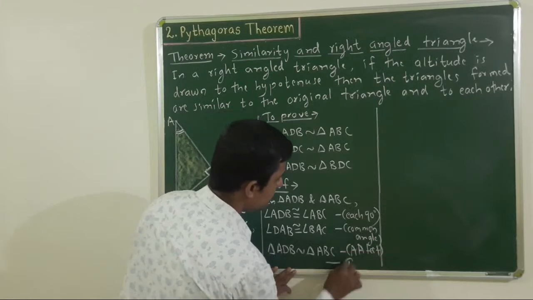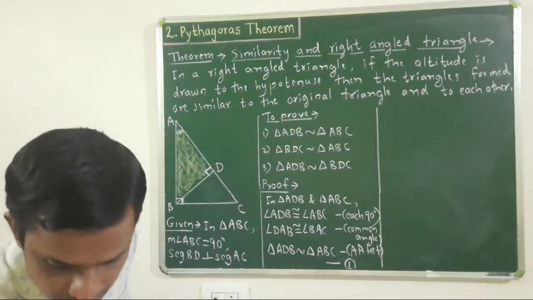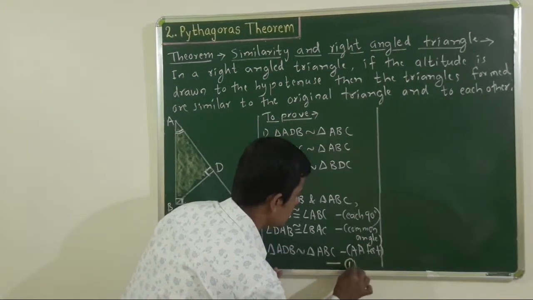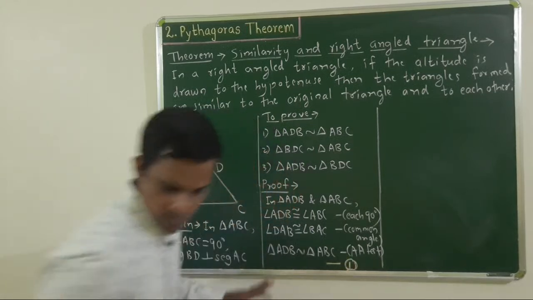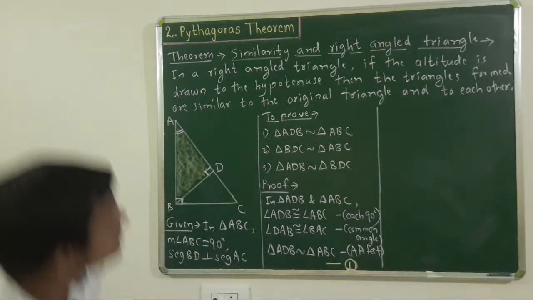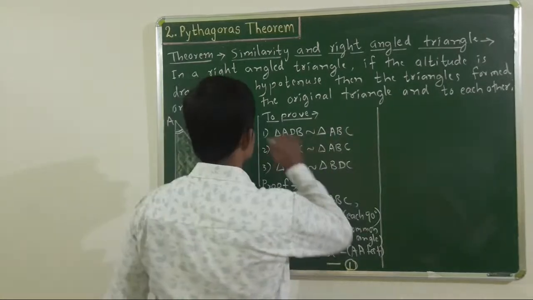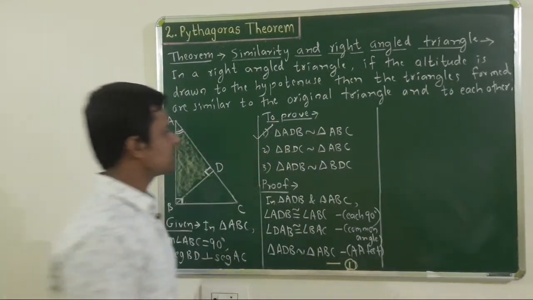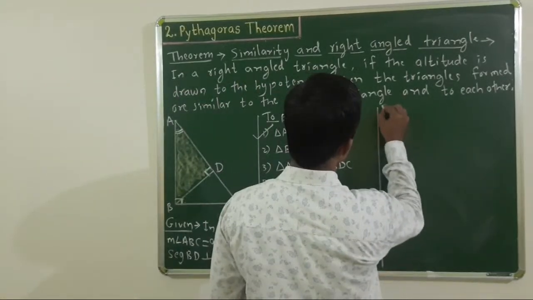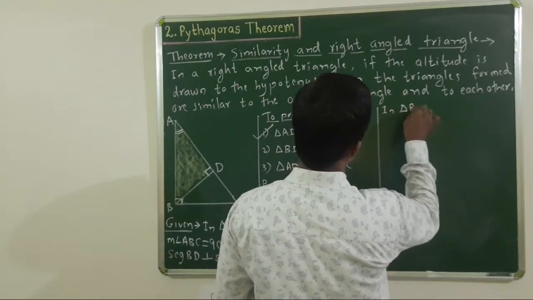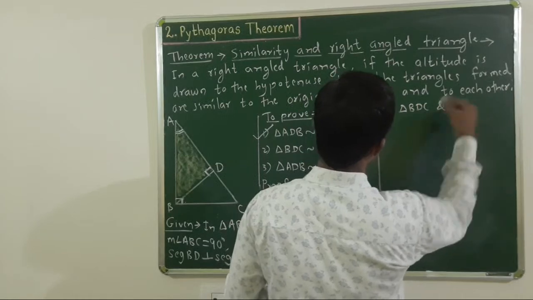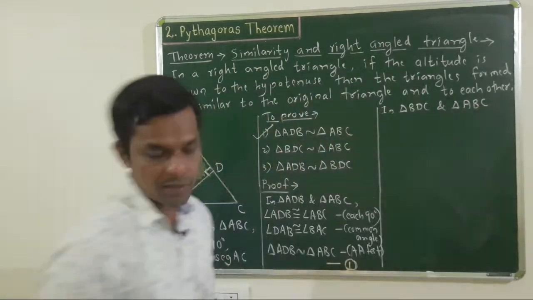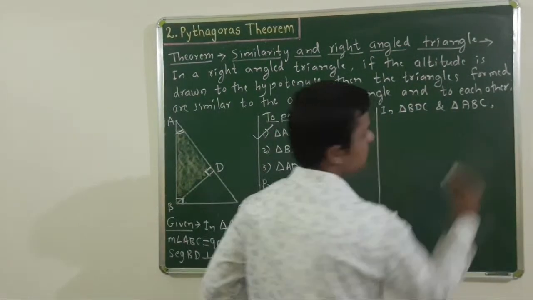Suppose this is statement number 1. So statement number 1 means we have proved this one. Now we'll move towards the second part, that is in triangle BDC and triangle ABC.